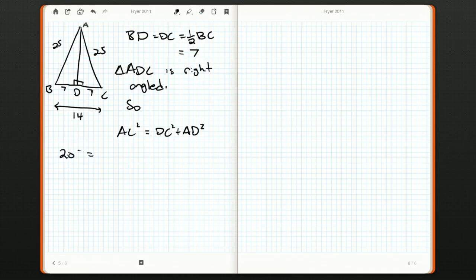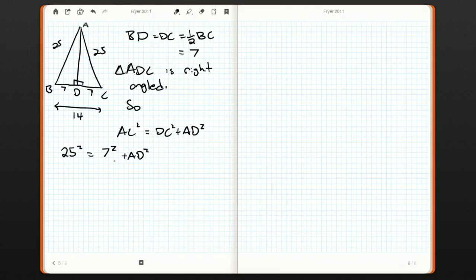I think at this point I'm known for drawing a 5 that almost looks like a 3. 25 squared, 7 squared, we just figured that out, plus AD squared. Now some of you might be familiar with this. It's going to be a 7, 24, 25 right angle triangle. And some of you may not be familiar, but we can already predict AD is going to be 24. This is a common triangle that comes up a lot.